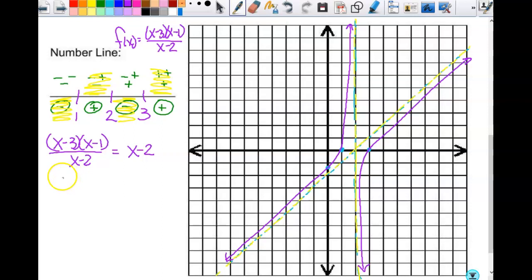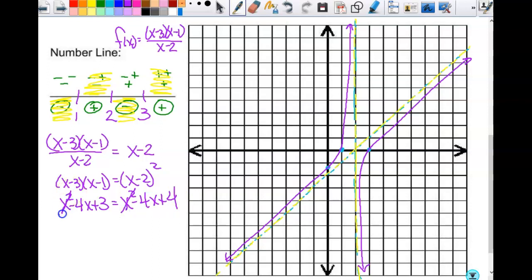So now when I multiply both sides, I'm going to get (x minus 3)(x minus 1) equals (x minus 2) squared. So I multiply this back together, and this gives me x squared minus 4x plus 3, and that's equal to x squared minus 4x plus 4. Then I solve. I subtract x squared from both sides, and they zero out.